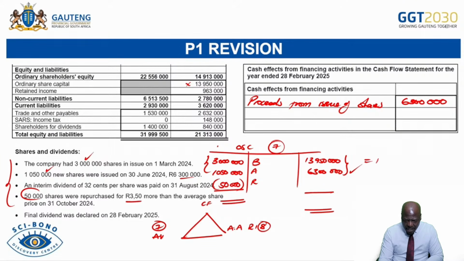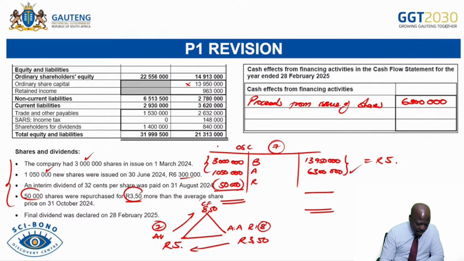So that 5 rand becomes our average price. So when I come here, I have 5 rand, which is an average price. And I know that we have paid 3.50 rand above average price. So it's my 3.50 rand plus my 5 rand will give me my cash flow amount, which is 8.50 rand. So when they say 50,000 shares were repurchased, I'm going to come here and I'm going to say repurchase of shares.